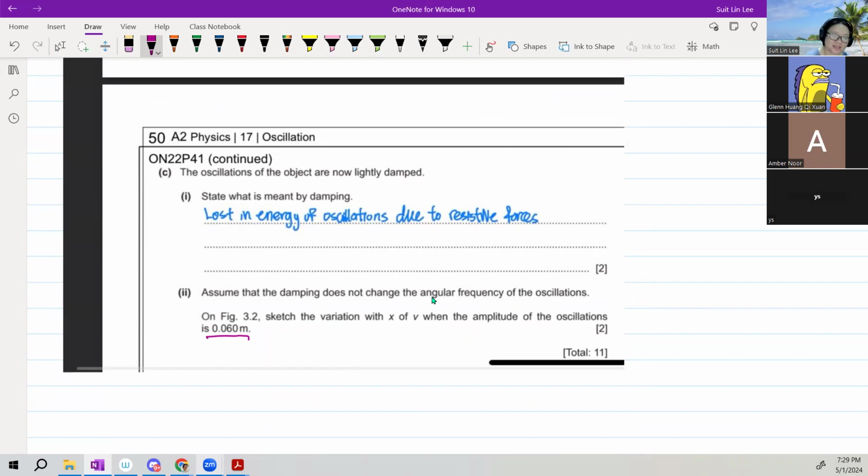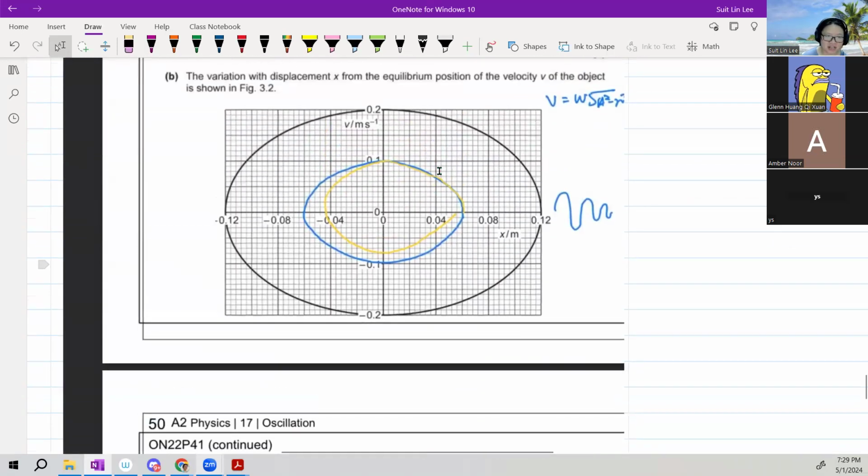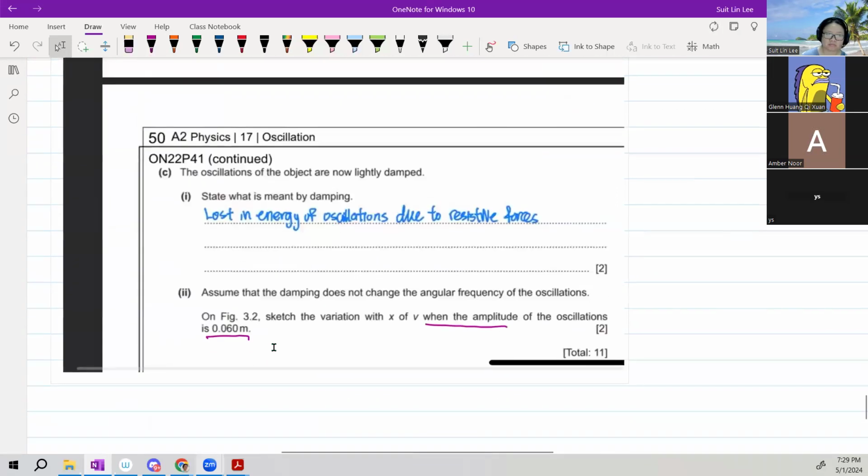I know it won't be, and actually the more accurate one is to spiral inwards, but they say when the amplitude is this one. So while the oscillation may not express itself entirely in this blue color circle, it will be on the blue color circle if the amplitude is 0.06. So don't overthink it. If they tell you it's 0.06, you just draw 0.06.